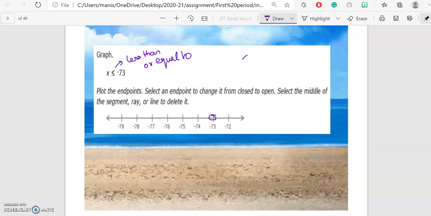We all know whenever we have the symbols less than or equal to, greater than or equal to, we draw a circle which is a shaded circle. I will draw a shaded circle. Okay, so less than numbers are what? Which will go in this direction, left side. So I will go over here and this is my answer over here, and I can always write it over here. X is less than or equal to what? Negative 73. So that's my answer for this problem.